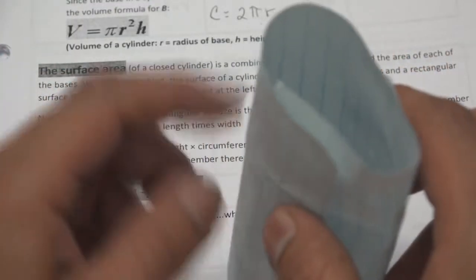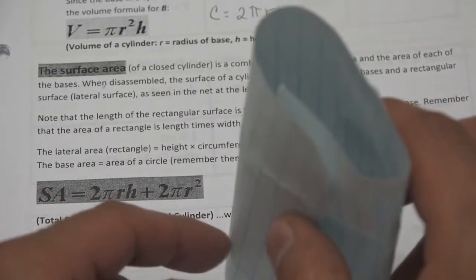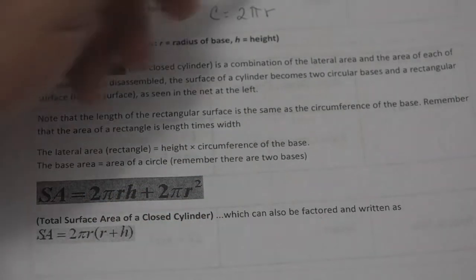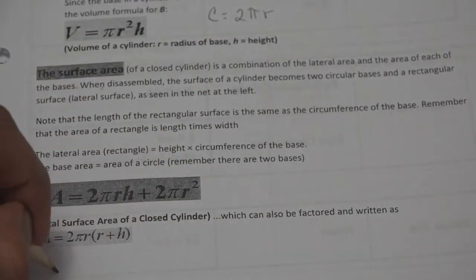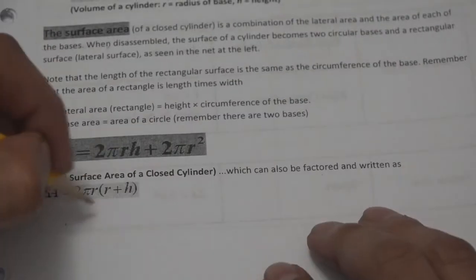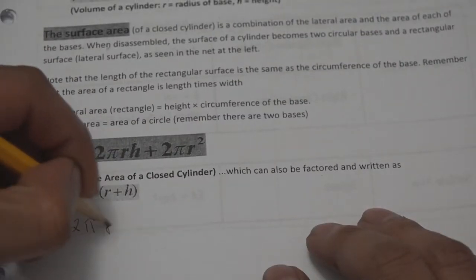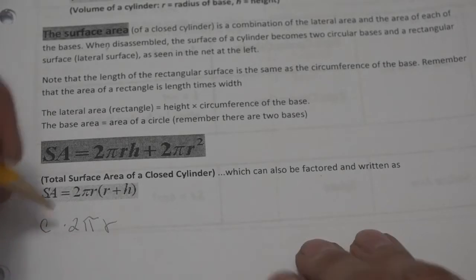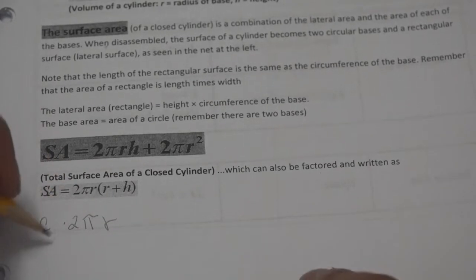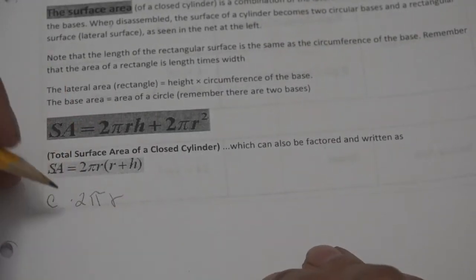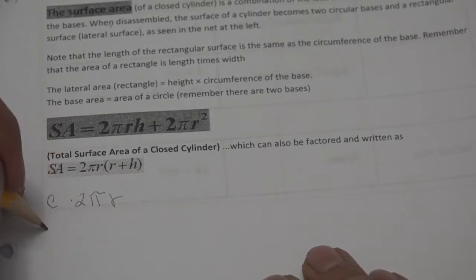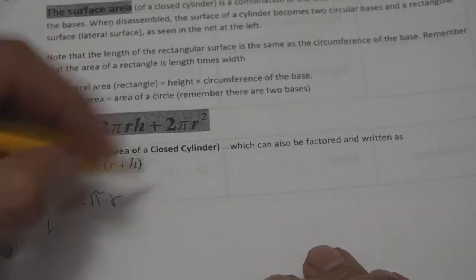But the width is actually the height. See that? The width is the height. So it's the circumference of the circle, which is 2 pi r, multiplied by the height, the width. And the width is the height.